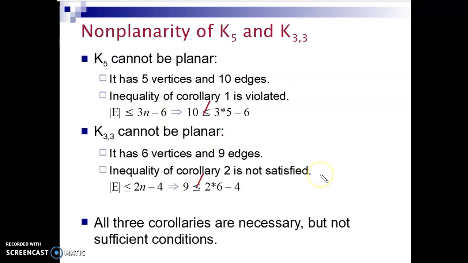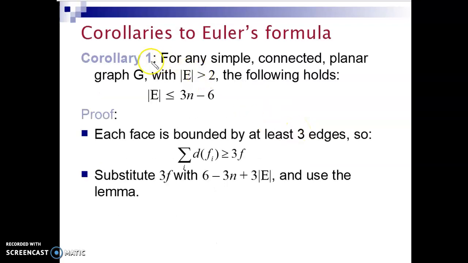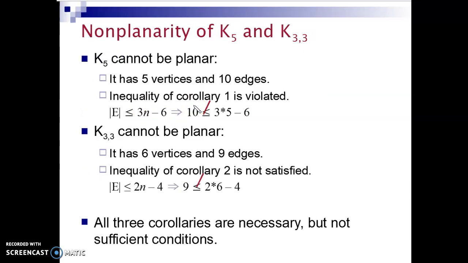This slide shows you how to prove that K5 and K33 cannot be planar. I'm going to explain K5. We know that K5 has 5 vertices and 10 edges. The inequality of corollary 1 is violated here, because in any planar graph, the number of edges cannot be greater than 3 times the number of nodes minus 6.